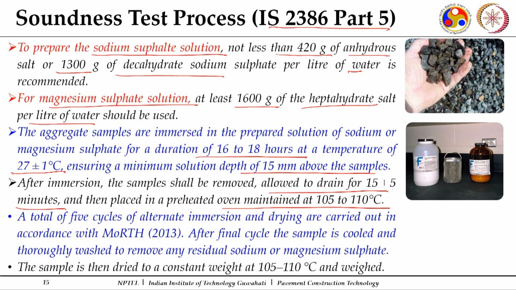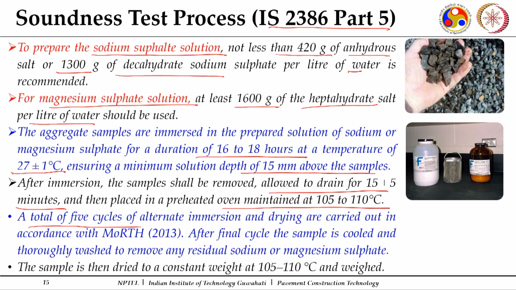This is one cycle where the samples are submerged, taken out and oven dried, and depending upon the requirements, MORTH for most cases recommends that this needs to be subjected to 5 cycles. Considering environmental factors, people do try this soundness test for more cycles also, but MORTH recommends at least 5 cycles of immersion and drying with these salt solutions.